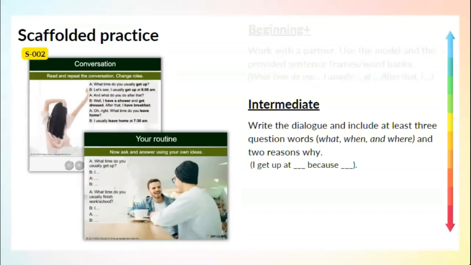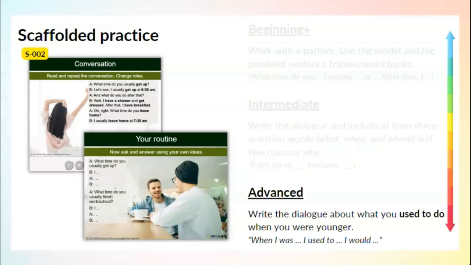For more intermediate students, you might ask them to write the dialogue, including at least 3 question words or 2 reasons why. For your advanced students, you might change the verb tense of the exercise and make it more challenging by asking them to write about what they used to do when they were younger. You could then provide sentence frames like, when I was, I used to, and I would.